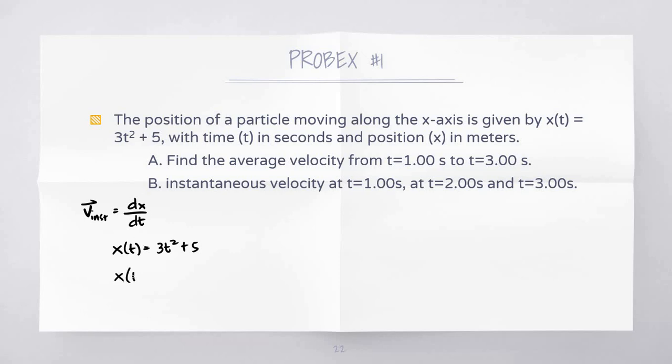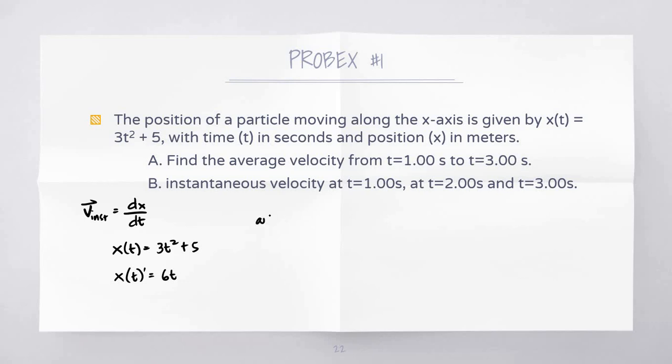So x of t prime. Alright, so the first derivative of this function will be 6t. Since 5 is a constant, it will become 0. Now that we have our derived function, we can substitute each value.